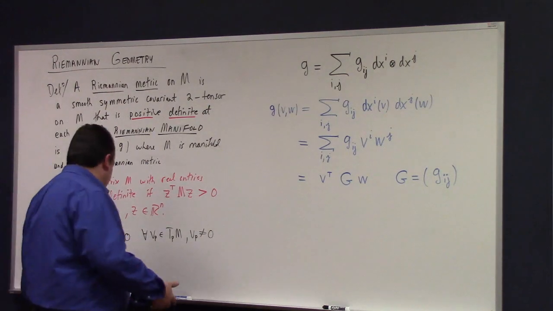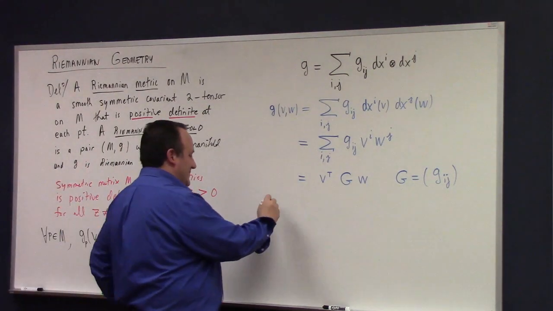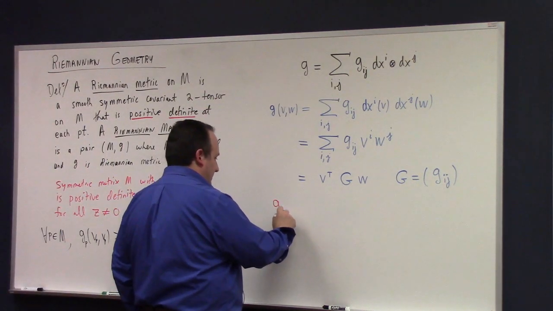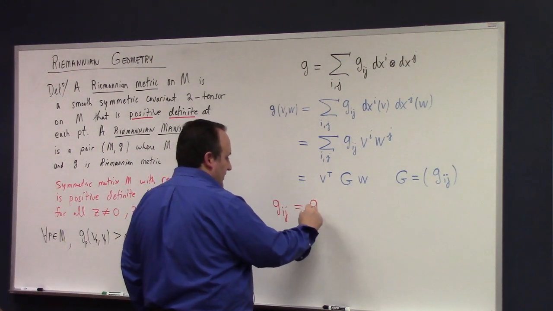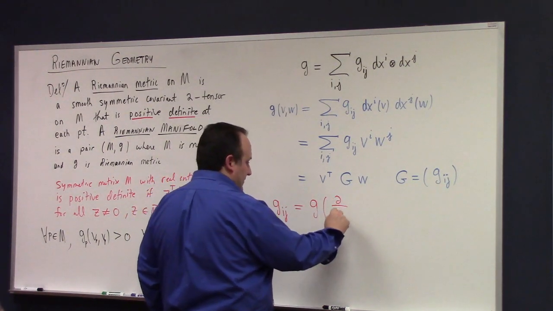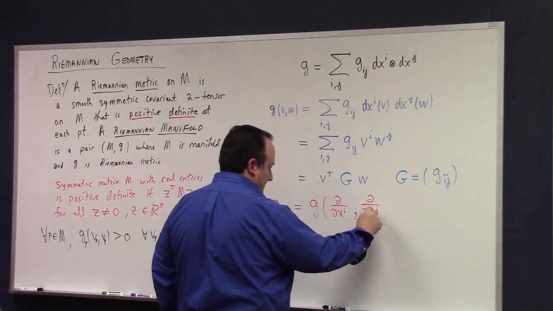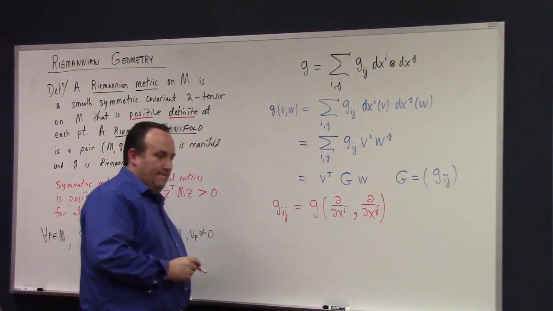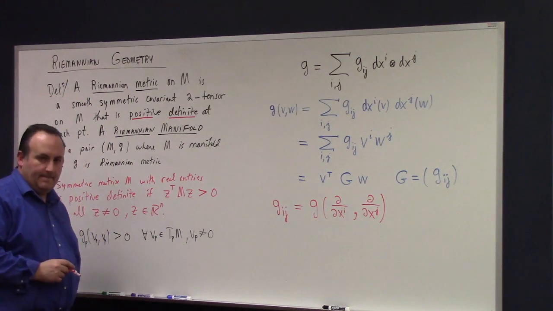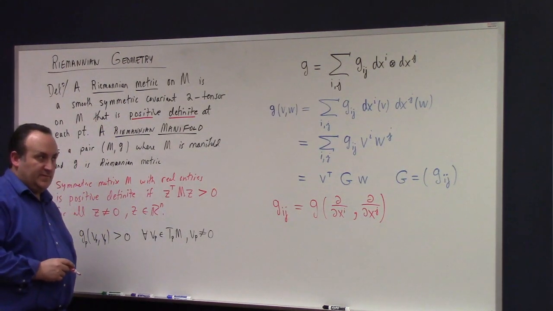What is g_ij though? Specifically, it is equal to g of (partial x_i, partial x_j). Do you see why that's true?